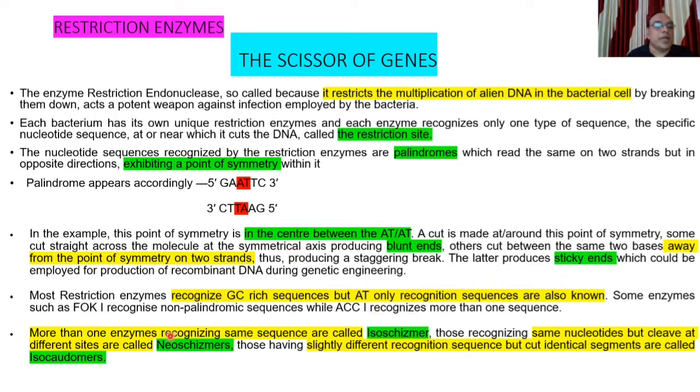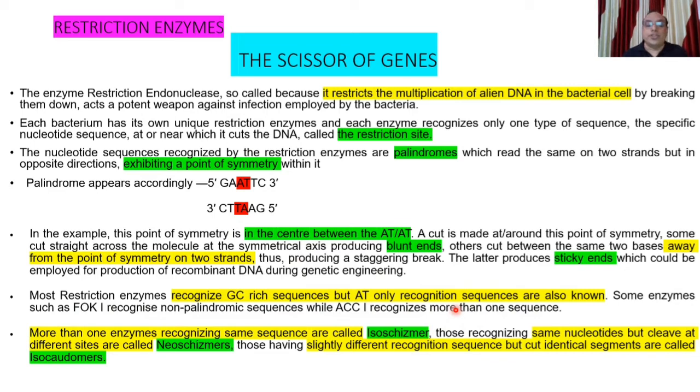Some enzymes such as FokI recognize non-palindromic sequences, or some such as AccI recognize more than one. So here degeneracy is there. One enzyme is recognizing more than one segment, more than one stretch of DNA.